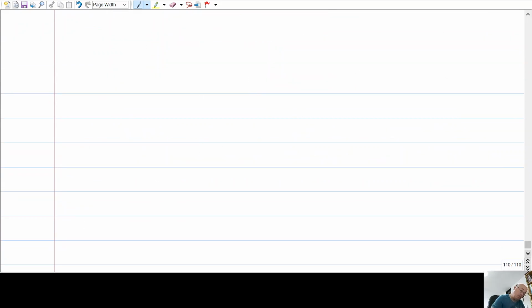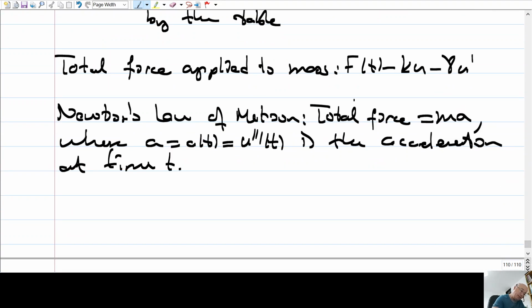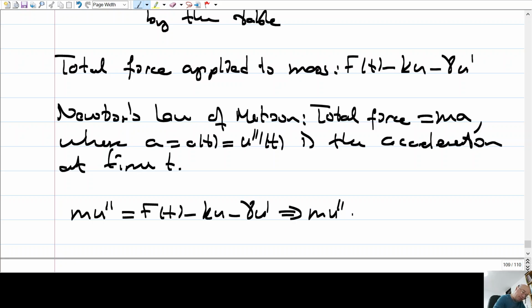So m times u double prime is equal to F(t) minus ku minus gamma u prime, and therefore we have m u double prime plus gamma u prime plus ku equals F(t).